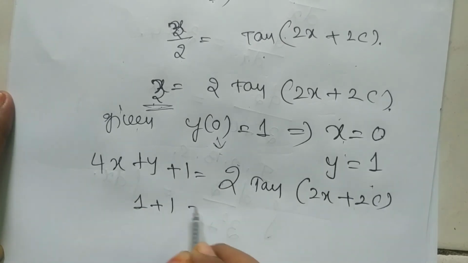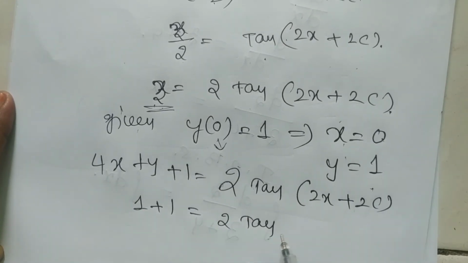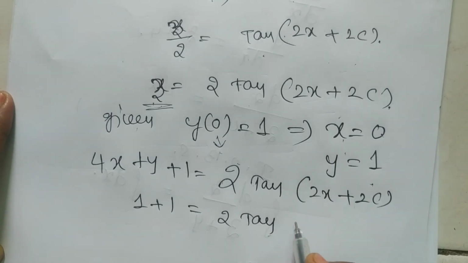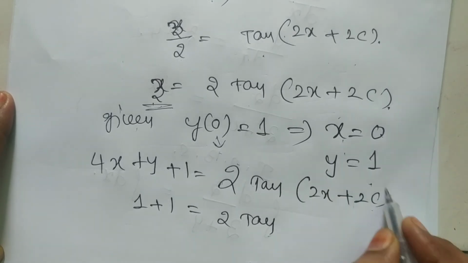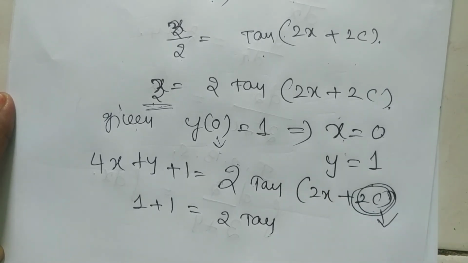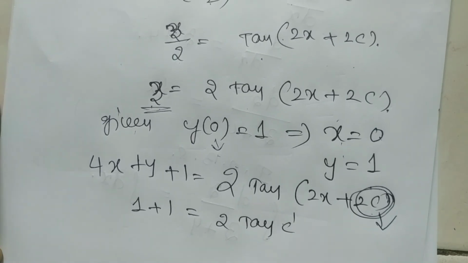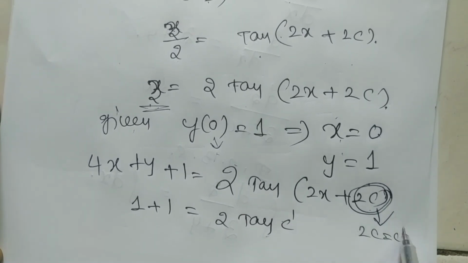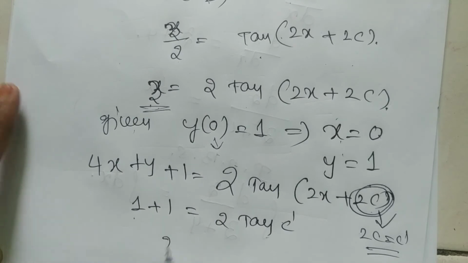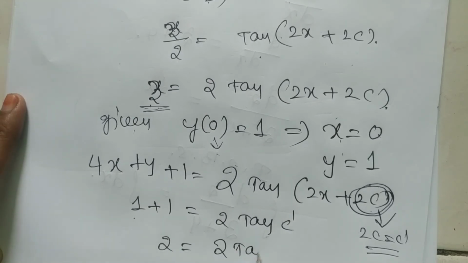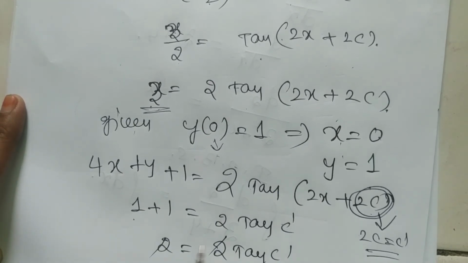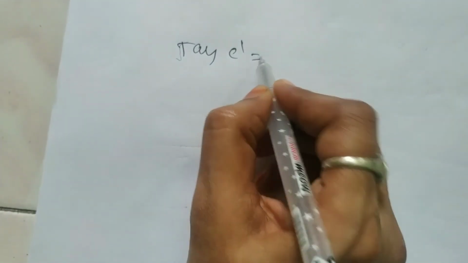So 1 plus 1 equal to 2 tan of (2 into 0 plus 2c). Here I am writing 2c equal to c dash. So 2 equal to 2 tan c dash. So 2 cancel, tan c dash equal to 1.